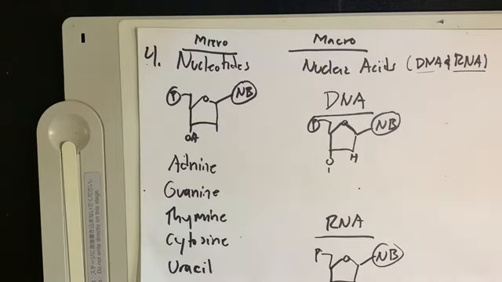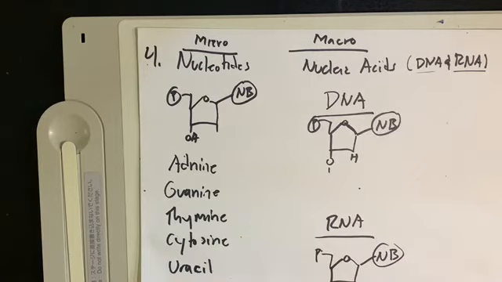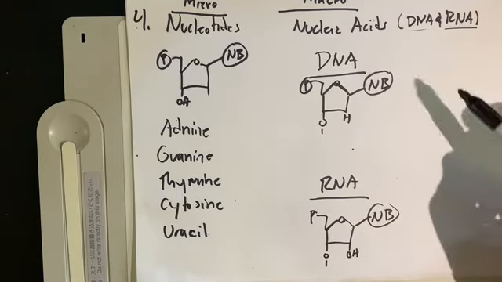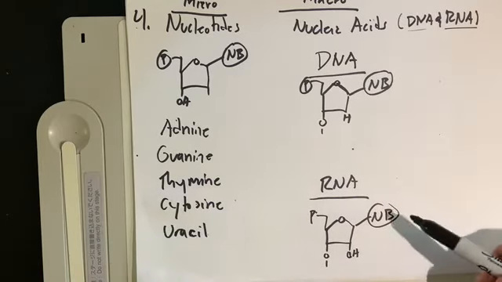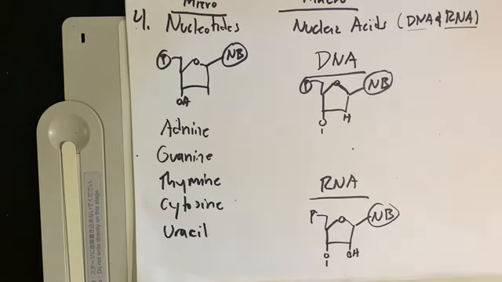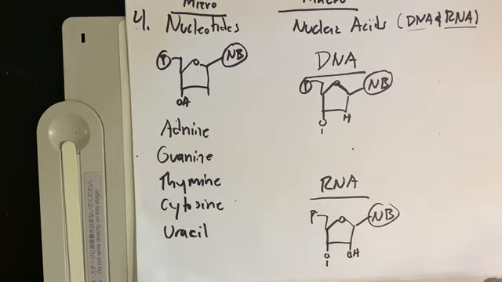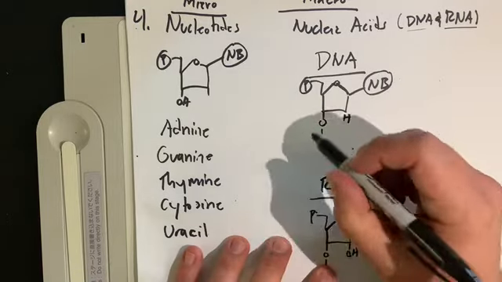All right, so the main difference you see here is that on your DNA, you only have a hydrogen here, where on your RNA, you have an oxygen and hydrogen. Let me show you this again. On your DNA, you only have a hydrogen here, and on your RNA, you have an oxygen and hydrogen here. And so this is what we call a hydroxy group, and you're missing that in DNA. And actually, that's why DNA is called what it is. It's called deoxyribose nucleic acid.